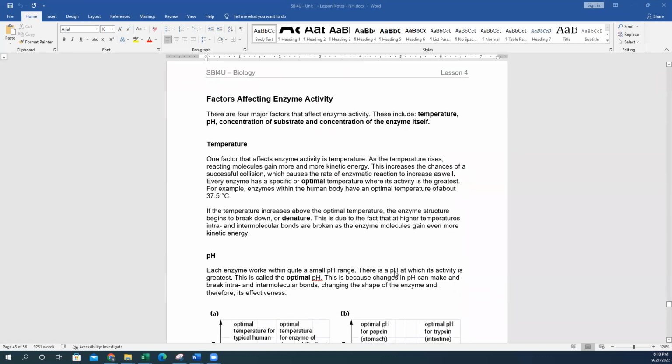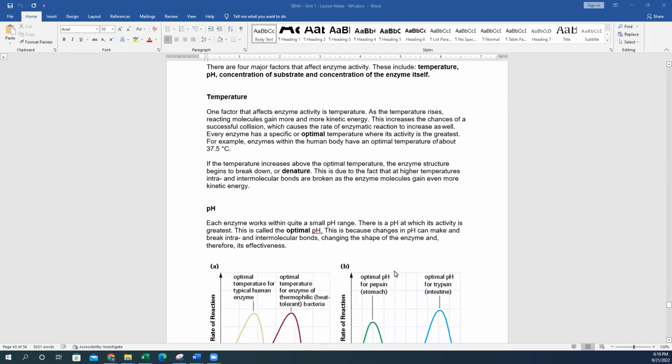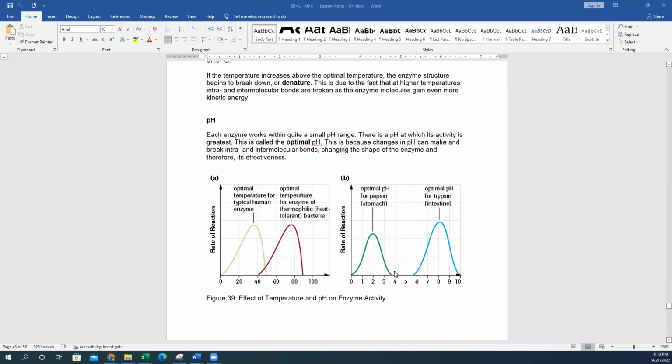We had a discussion about how various factors such as temperature and pH affect the rate of enzyme catalyzed reactions. And we discussed that there is always an optimal pH and optimal temperature at which the rate of the catalyzed reaction is at its maximal point.